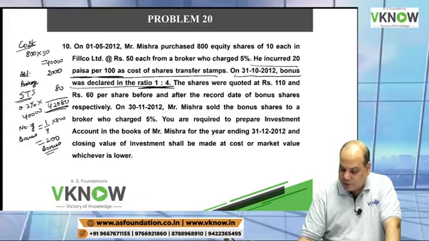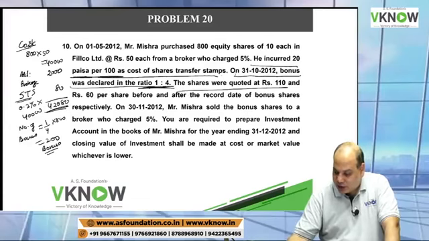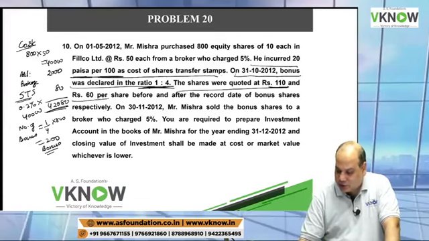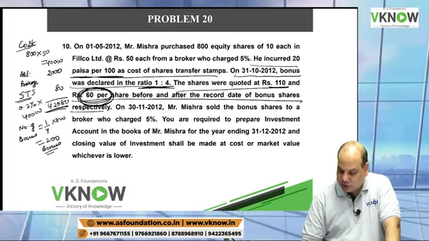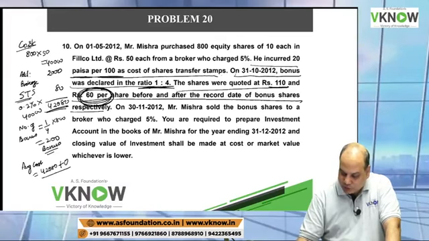Then they were quoted at 110 and 60 before and after the record date of bonus respectively. So for us 60 is important now. So my third working note, average cost will be 42,080 plus bonus share cost 0, divided by quantity 800 plus 200 bonus.